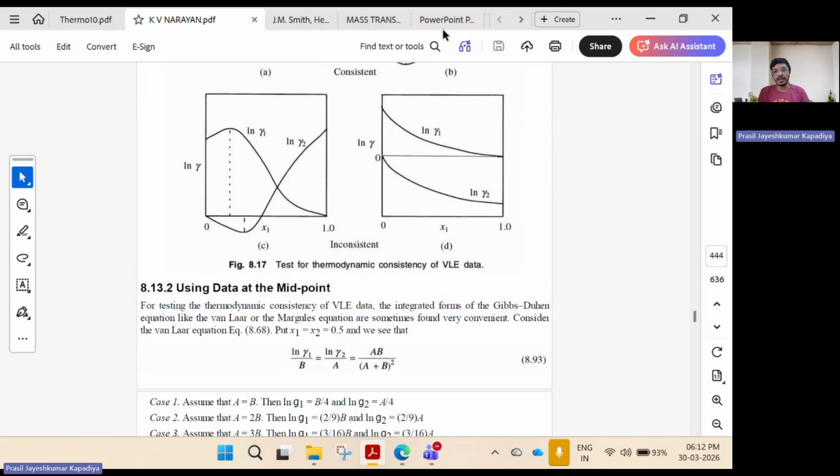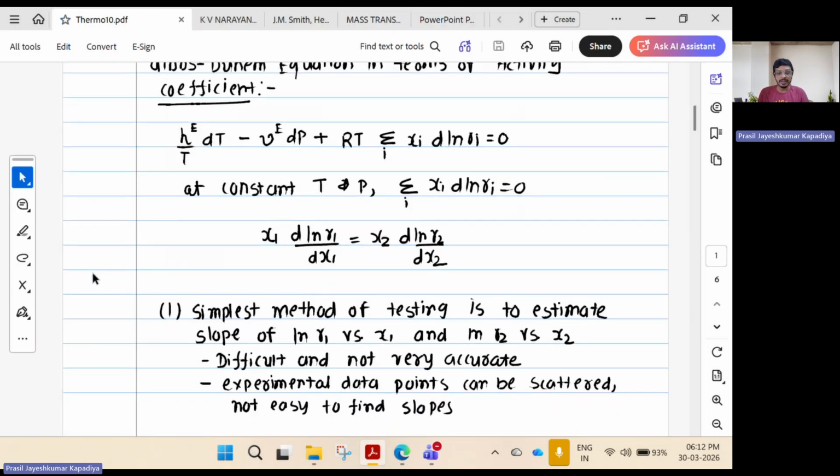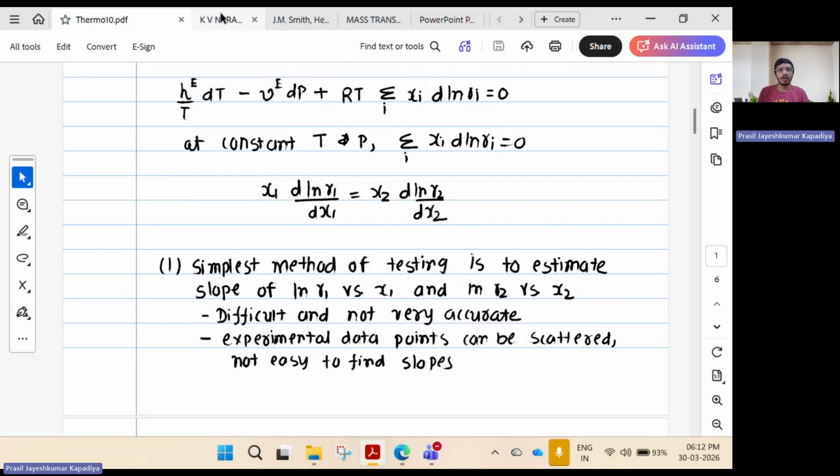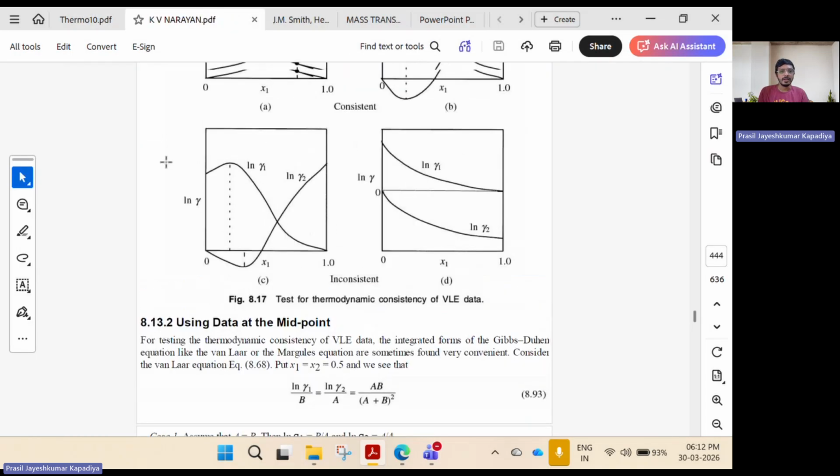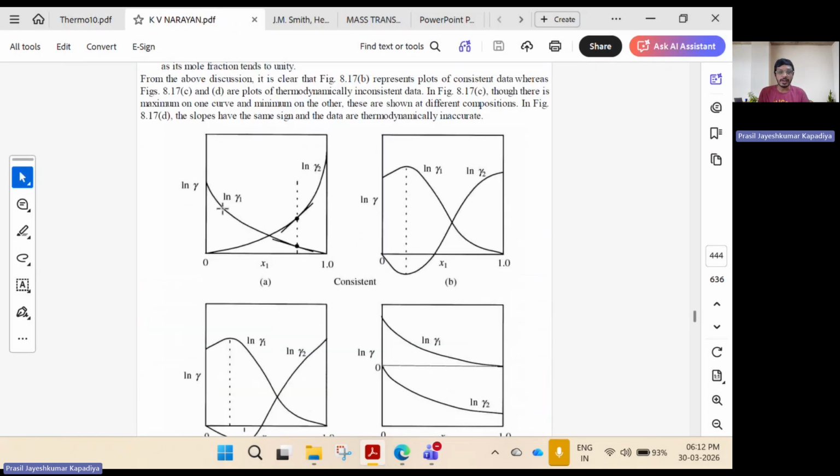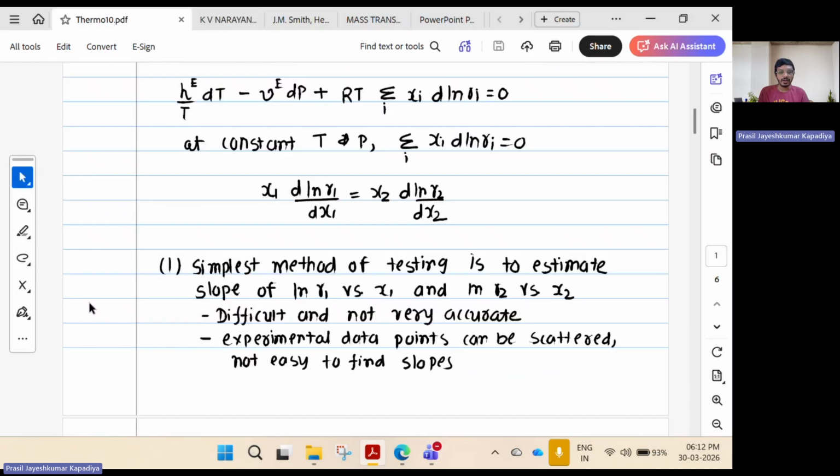Using ln gamma 1 versus x1, and ln gamma 2 versus x1. But now in reality, we know that this is the curve that is shown. If we don't have proper points, let's say one point is here, one point is here, and it's not forming a good curve, then finding the slope will be very difficult, and those slopes may not be accurate.